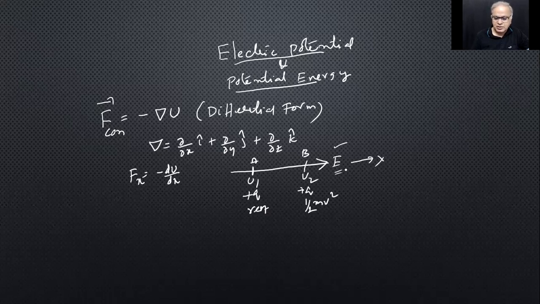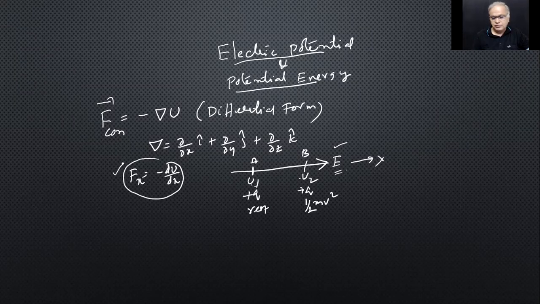How could this charge have gotten that kinetic energy? By the loss of potential energy. Therefore, we say that in the direction of the field, potential energy falls. So the negative rate of change of potential energy with x is what we call force. So this is what we mean by the differential form.